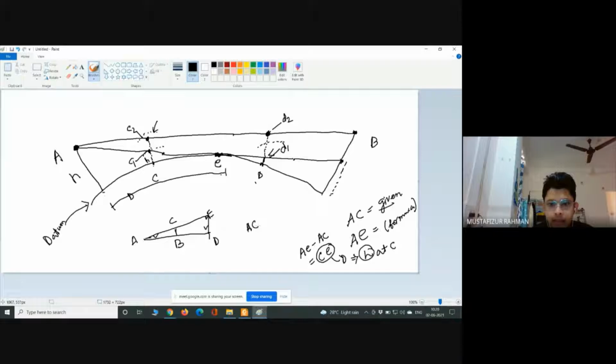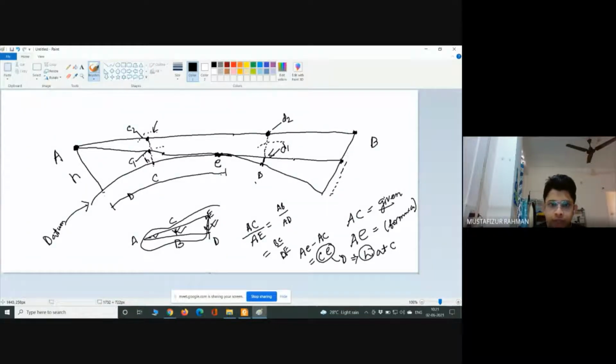AC by AE is equal to AB by AD is equal to BC by DE. The similar sides are proportional. This side is proportional to this side. So using that formula, we can find out what these C1, C2, D1, D2 are.